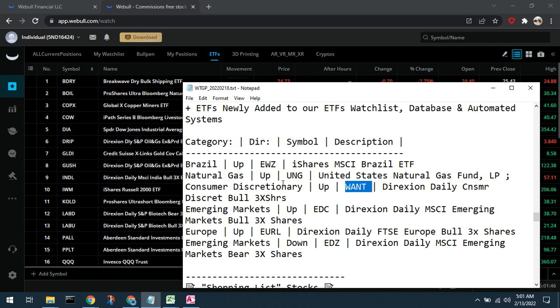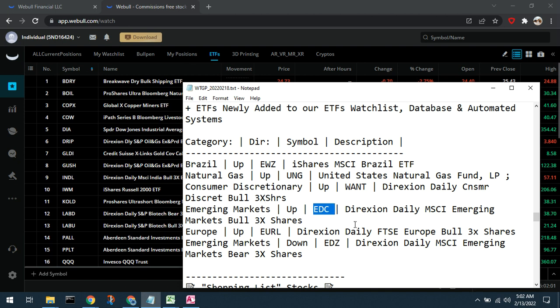There's also a sector spider that you can play as well, but this is nice because it's a leverage, so it's a 3x leverage, so likely it's going to move faster and more than just the sector spider.